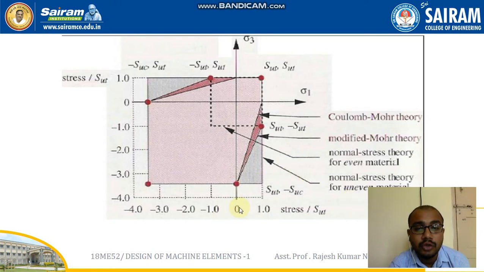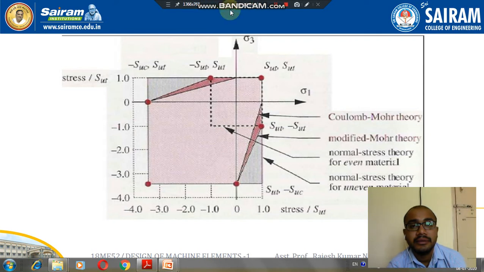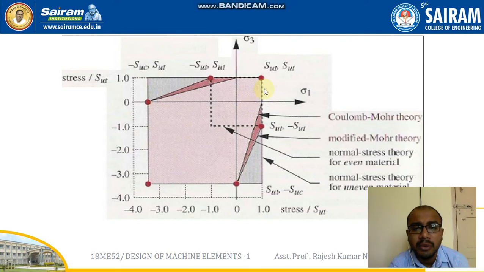The values on the positive side are present for the Coulomb-Mohr's theory and also for the modified Mohr's theory, and on the negative side the values are written with compression, that is minus SUT and minus SUC. It is clearly shown here. You can also see that when the graph is plotted, the magnitude of the positive points will be equal to that of the negative points.